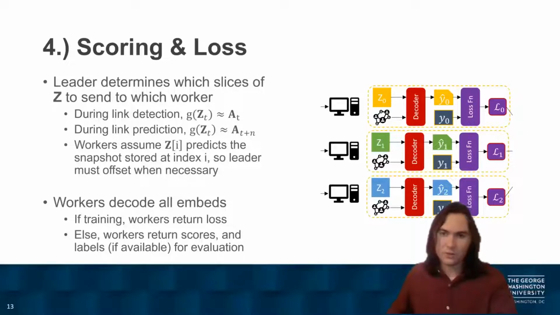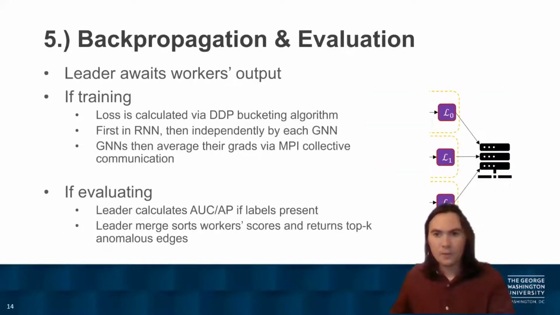And the workers all, in parallel again, calculate loss based on those node embeddings, and they measure the probability that the edges that are in their graphs should be there, as well as the probability that edges that are not in their graphs, just randomly sampled negative edges, should not be there. Finally, the workers all return their loss back to the leader, which combines them. Backpropagation occurs. If we're evaluating, the leader will then calculate AUC or AP and so forth.